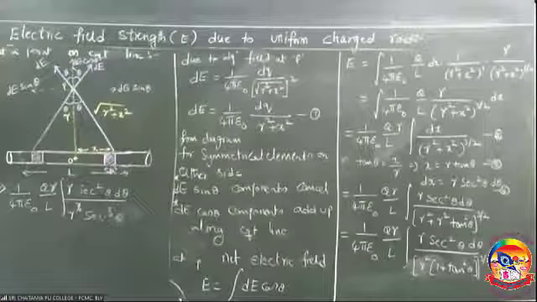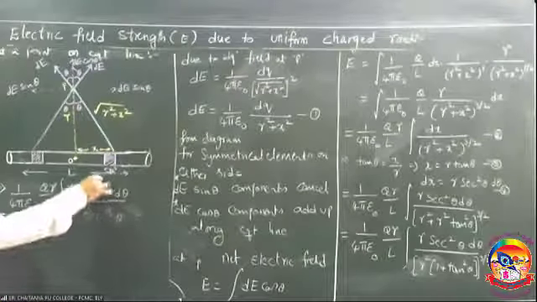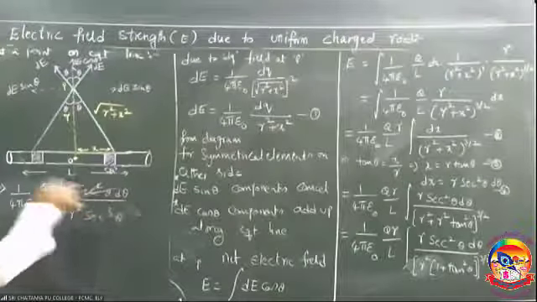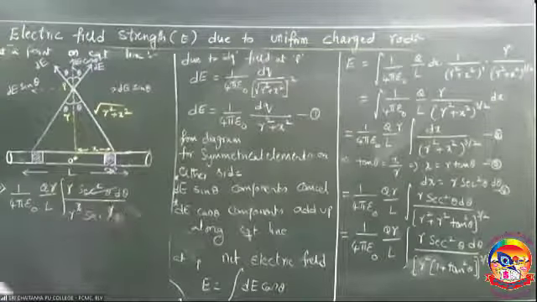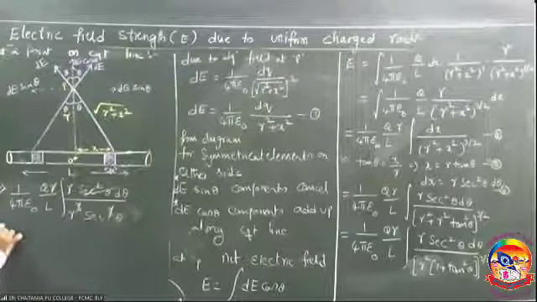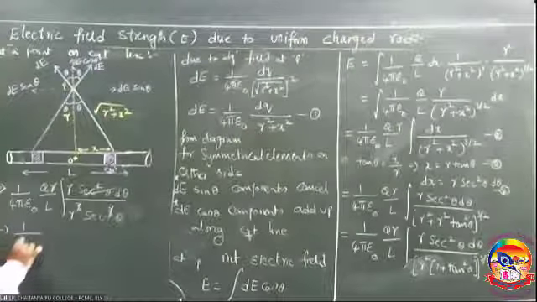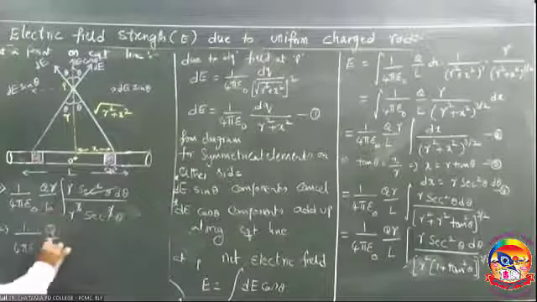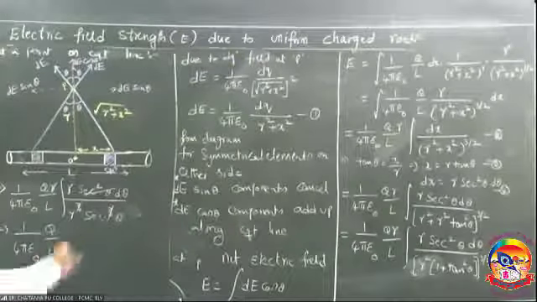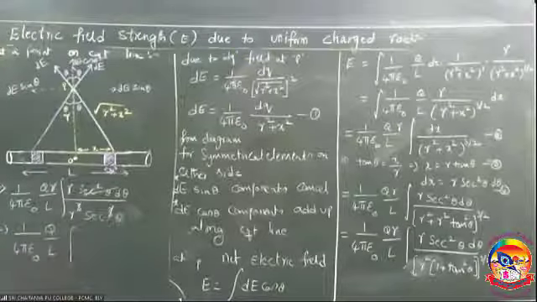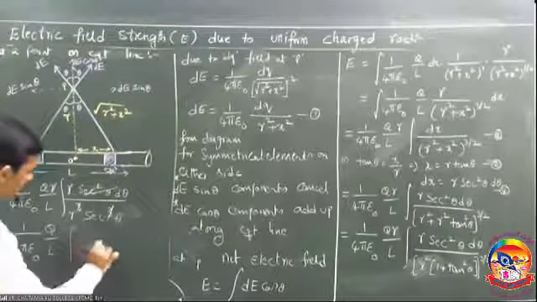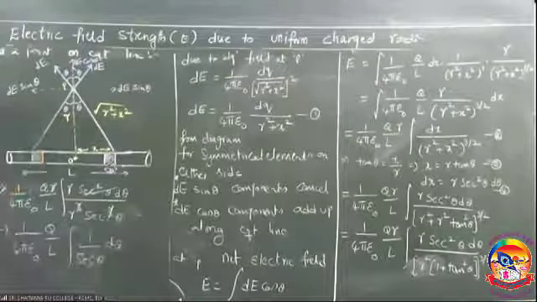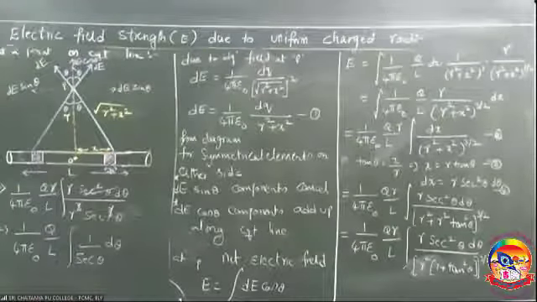Cube over r square secant square theta here, Q. So what remains? 1 by 4 pi epsilon naught Q by L integral of 1 by sec theta, sec theta d theta.